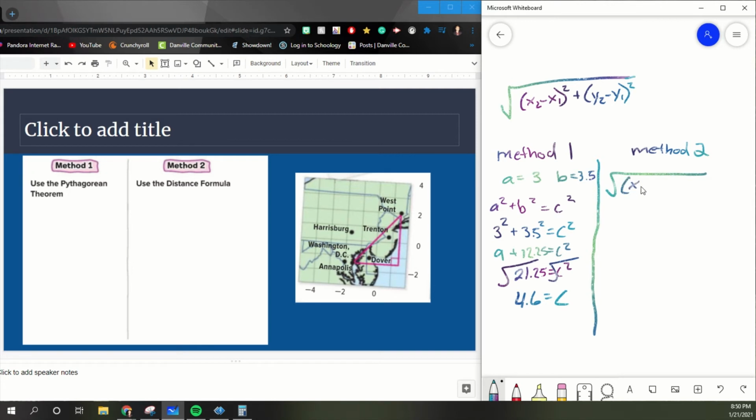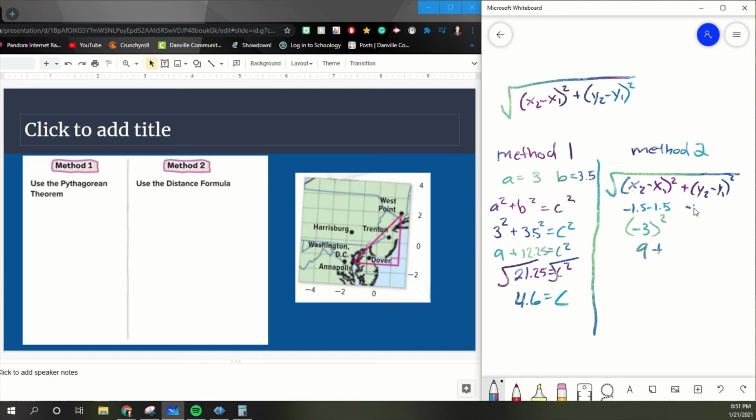So you get x2 minus x1 squared plus y2 minus y1 squared, and the square root of all of that. So when I take x2 minus x1, I have negative 1.5 minus 1.5, well, I get negative 3. And I have to square that to get 9. I need to add that.